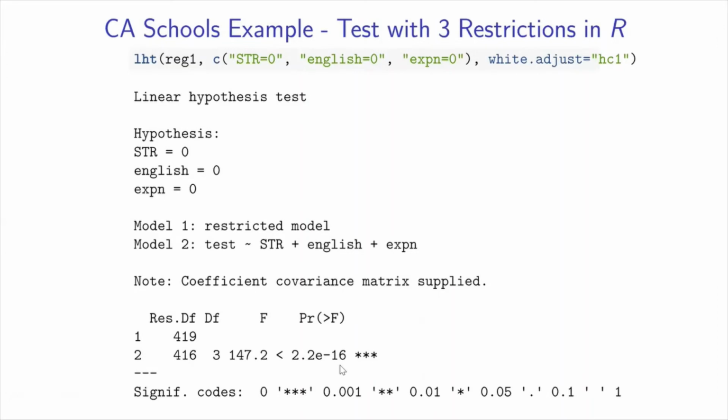And hence, we have very strong evidence to reject the null, which states that no regressor is needed in explaining the variation of the test scores. In this case, we'll then go to the alternative hypothesis that says at least one of the three regressors is relevant in explaining the variation in test scores.